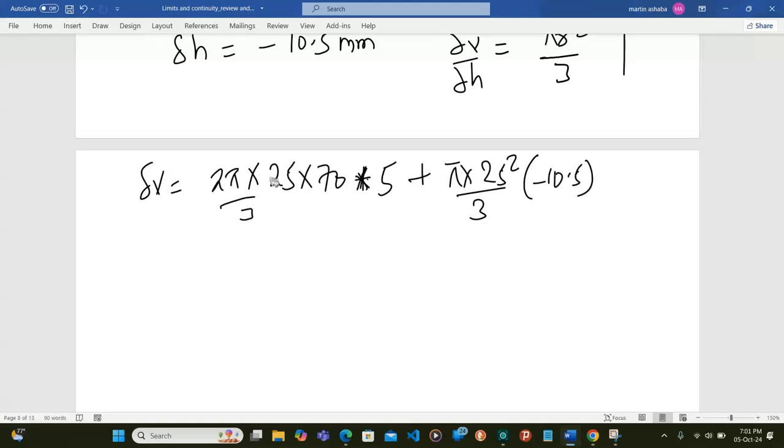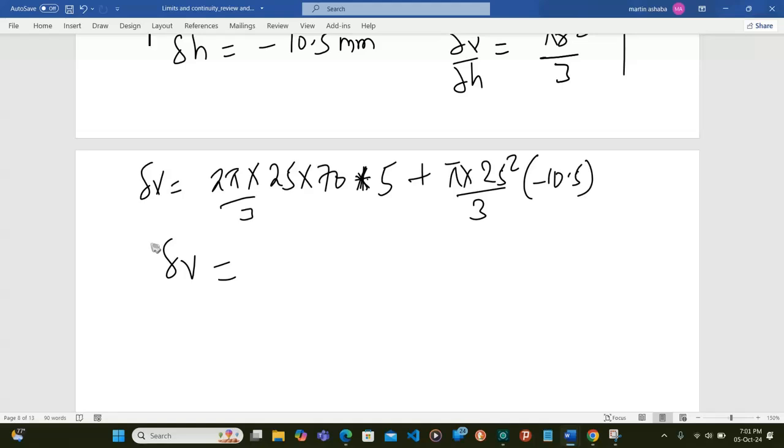If I evaluate, this becomes 50 pi times 350 divided by 3, then I take away 25 squared times 10.5 pi divided by 3.